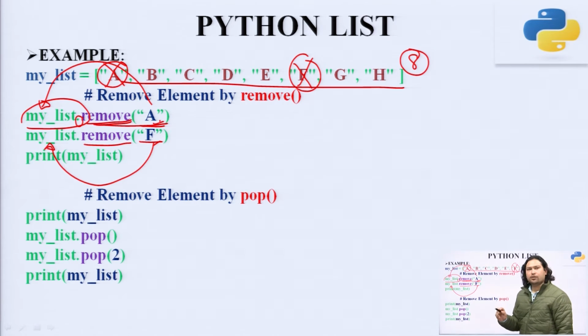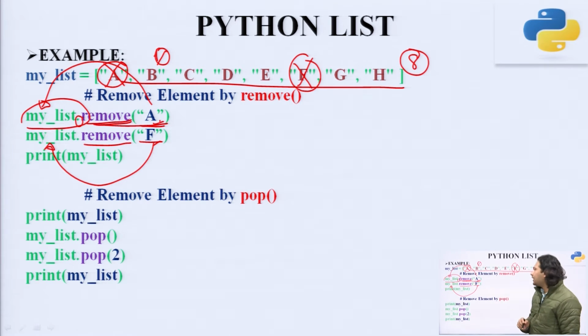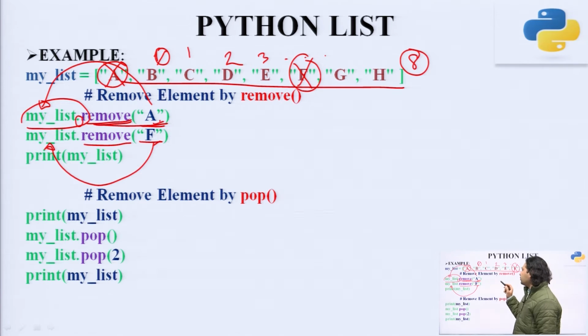Now, removing does not mean that B holds the old index number, no. With every removal of an element, the list will update itself. That means once A is removed, B is automatically assigned index number 0, because the index starts with 0. Similarly, the next one is 1, 2, 3 and so on. So, we have removed A and F.